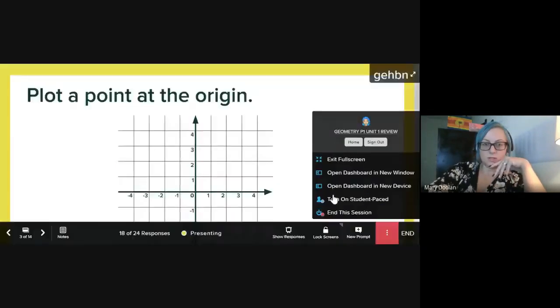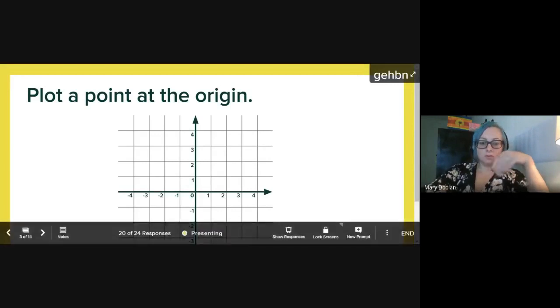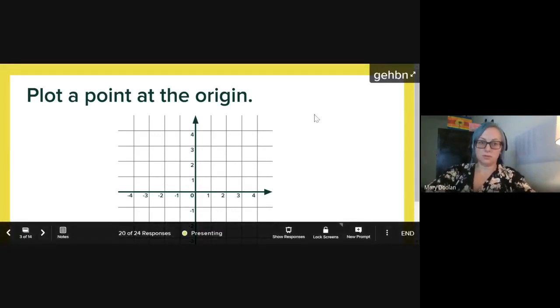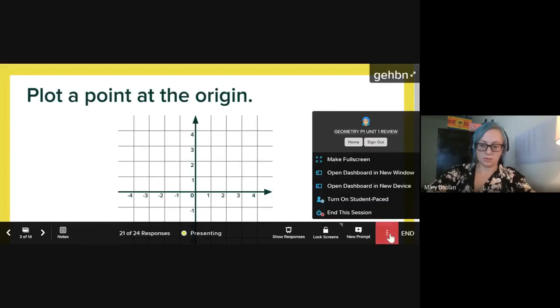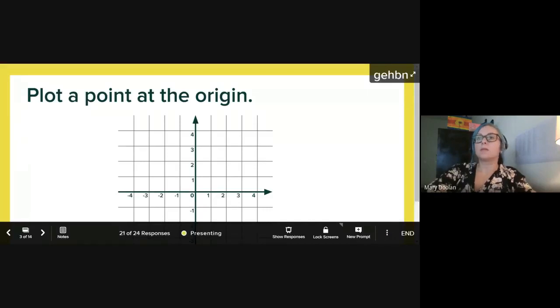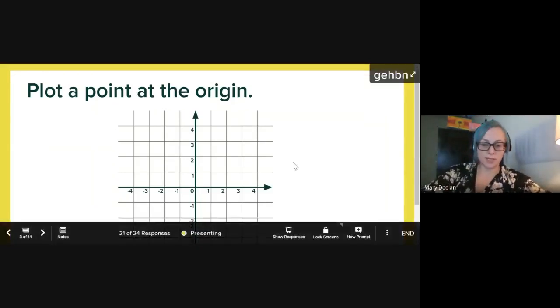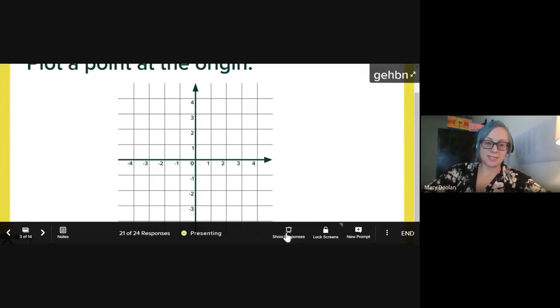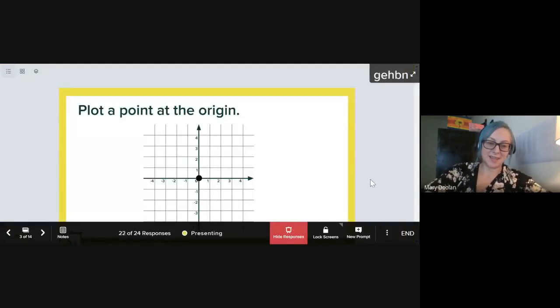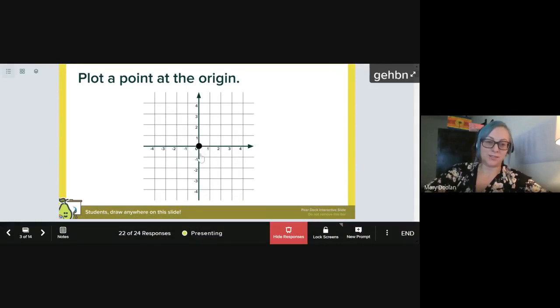Open dashboard in a new window. So I have 21 of 24 responses. If I show your responses, it's showing everyone's. It's like you all got it right. The origin is at 0, 0. So if you see that, that's what we're referring to.